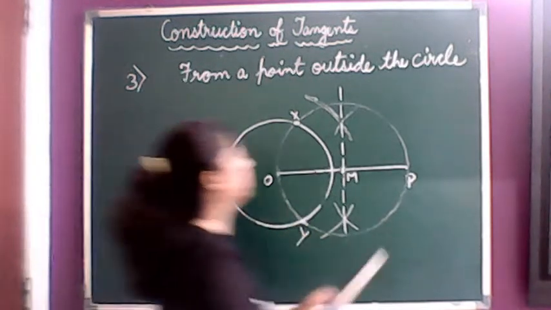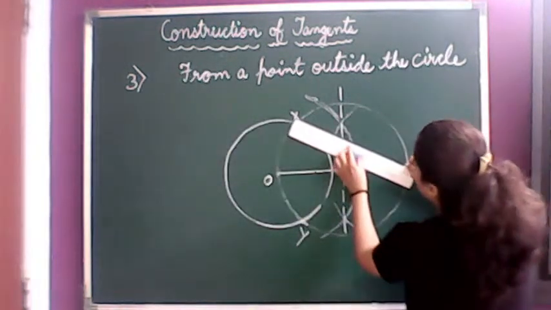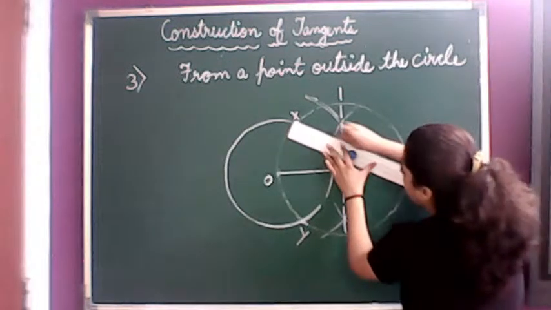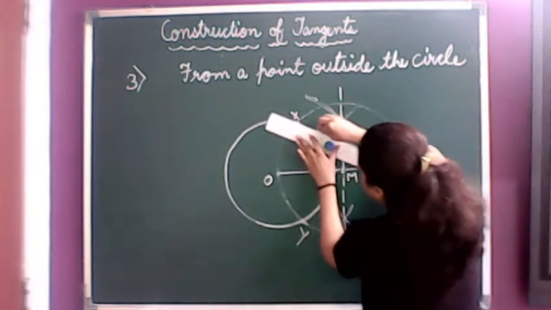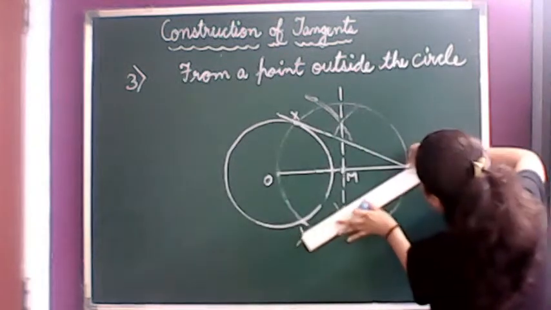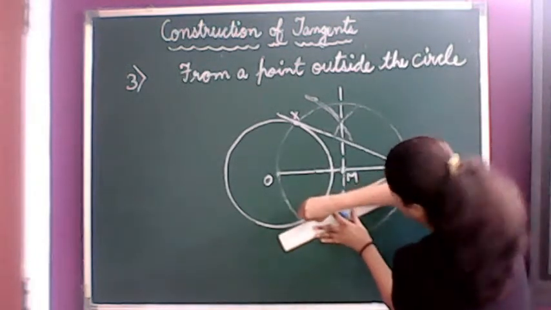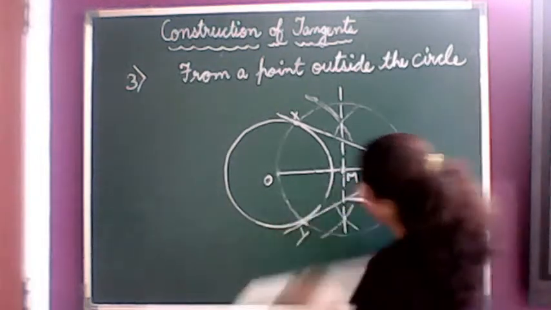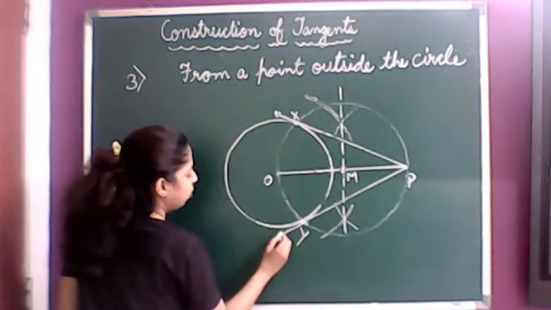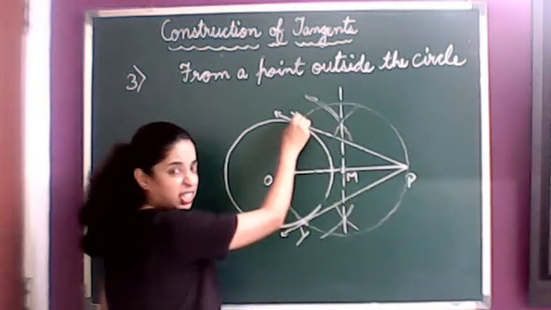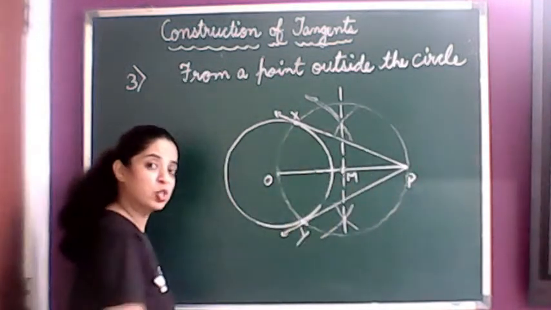You simply join these with P. So you are joining PX and PY. Your PX is a tangent and PY is also a tangent.